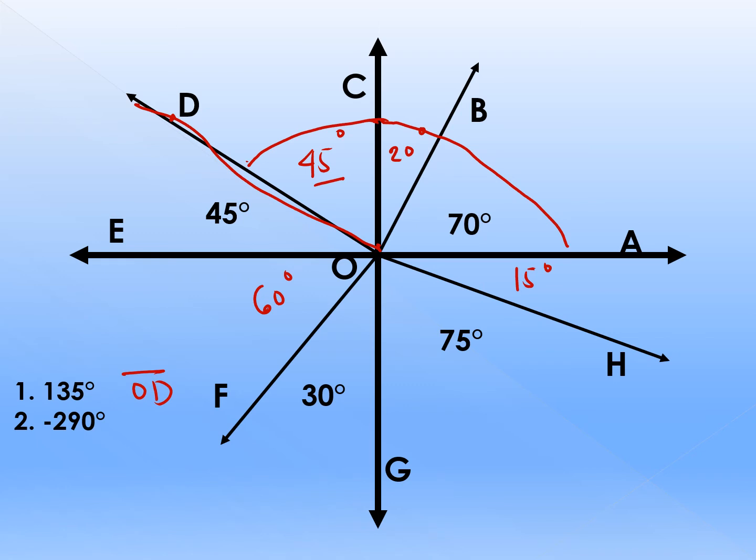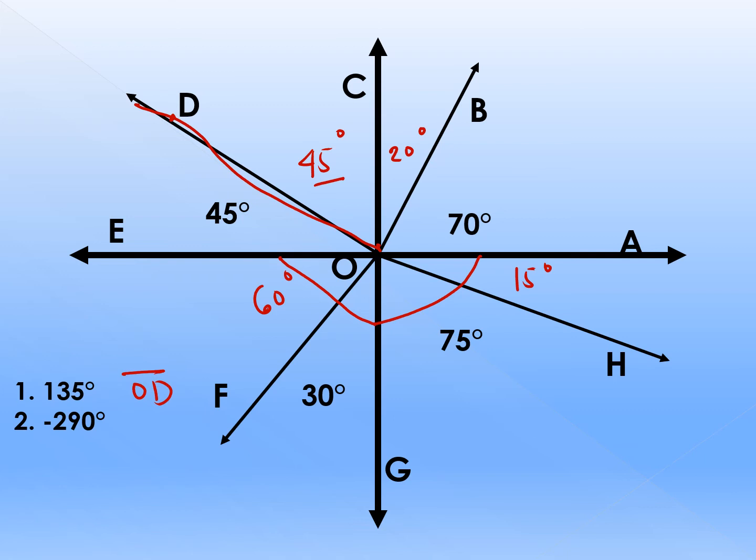Next, negative 290 degrees. Let's erase first this one. Okay, for negative 290 degrees, the rotation will be clockwise since that is negative. So we're going to have this one. We have 90 degrees. I'm going to add another one. 90 plus 90, we have 180. But we're looking for 290.